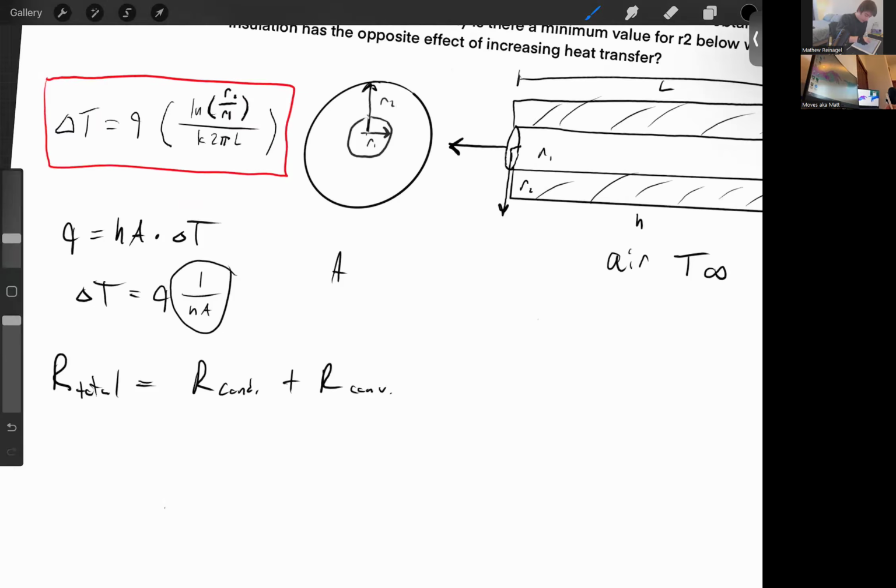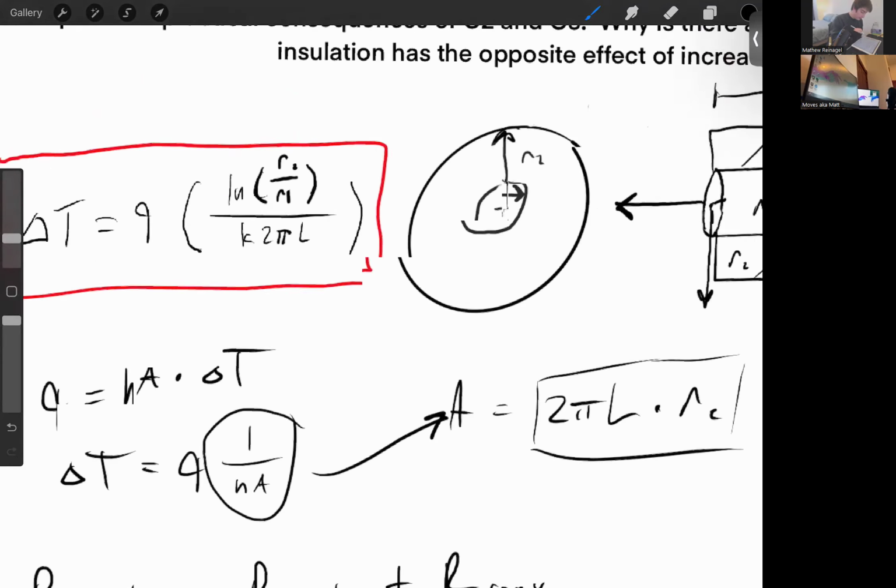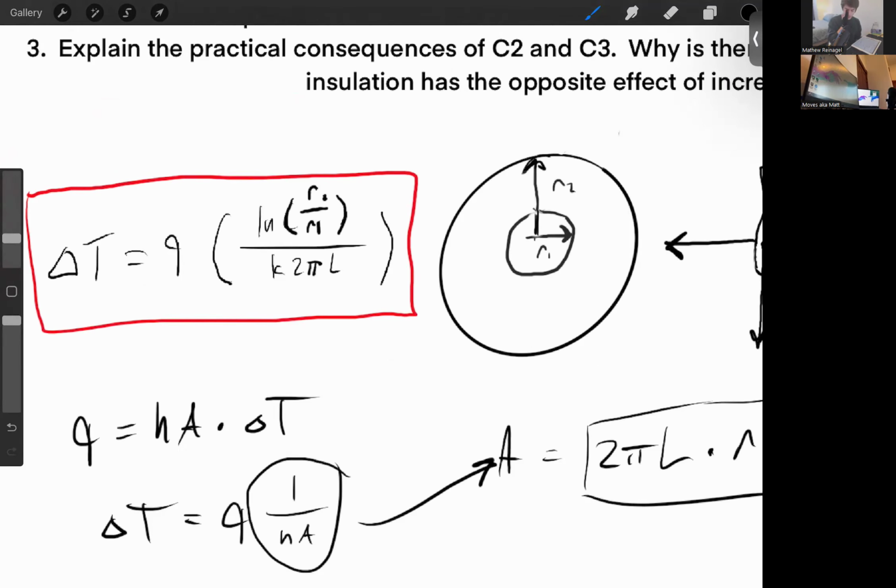We know that the area in this case is just going to be 2 pi L multiplied by R2, right? Oh, and I should also note really quick, this isn't inner and outer the way that we made it last time. This is R1 and R2 in this case.